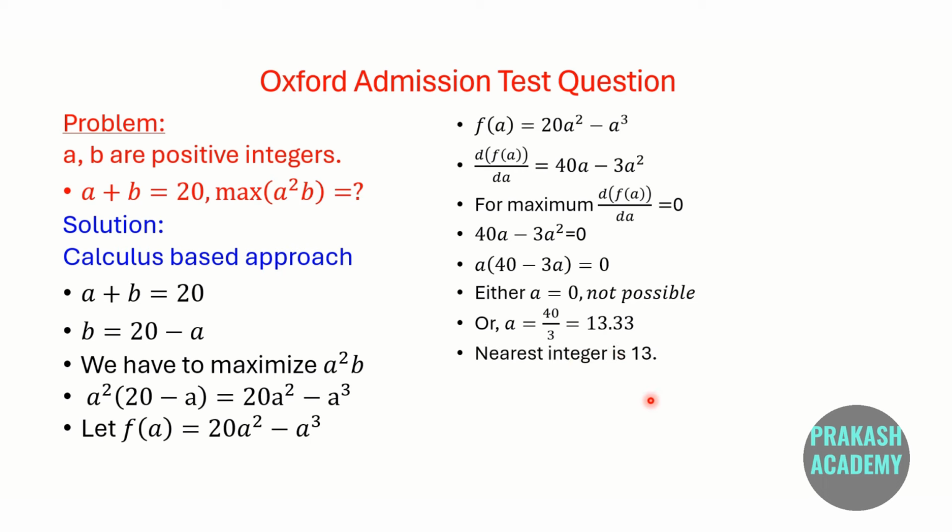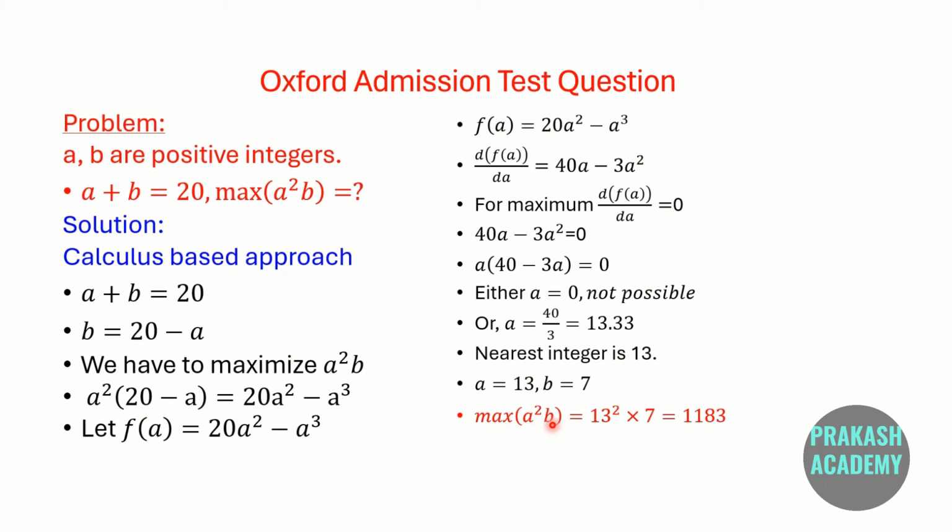So the nearest integer is 13. So the value of a is equal to 13. So once I know the value of a, I can get the value of b. That is 20 minus 13, because a plus b is equal to 20. So 20 minus 13 is equal to 7. So the value of b is equal to 7.